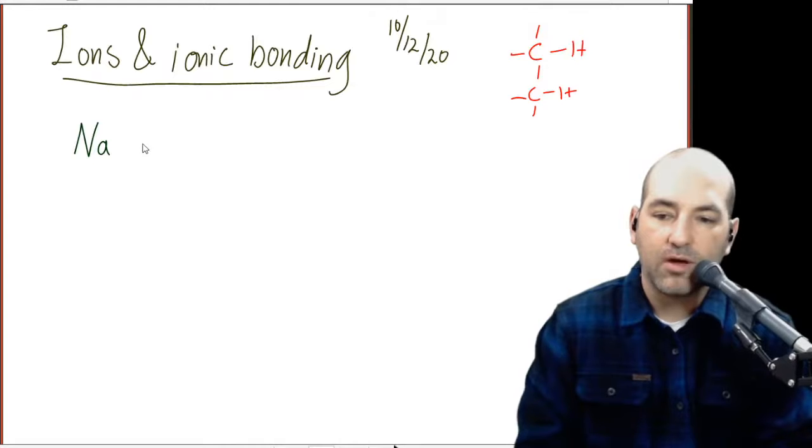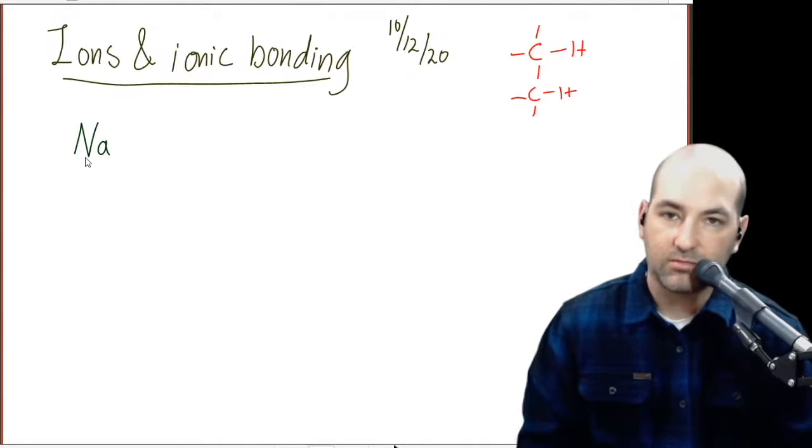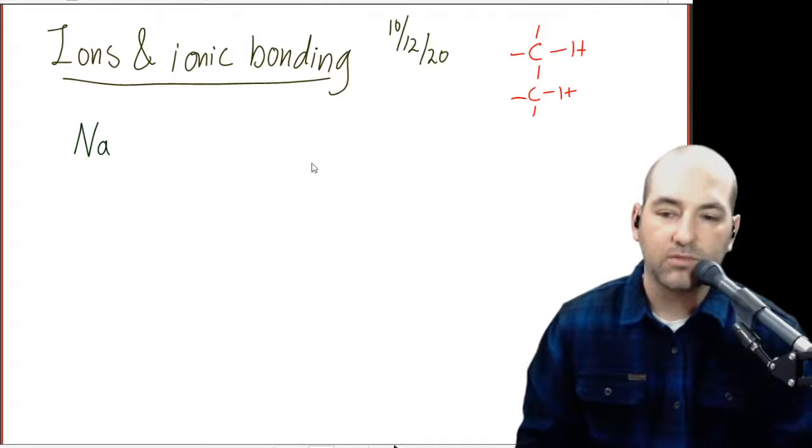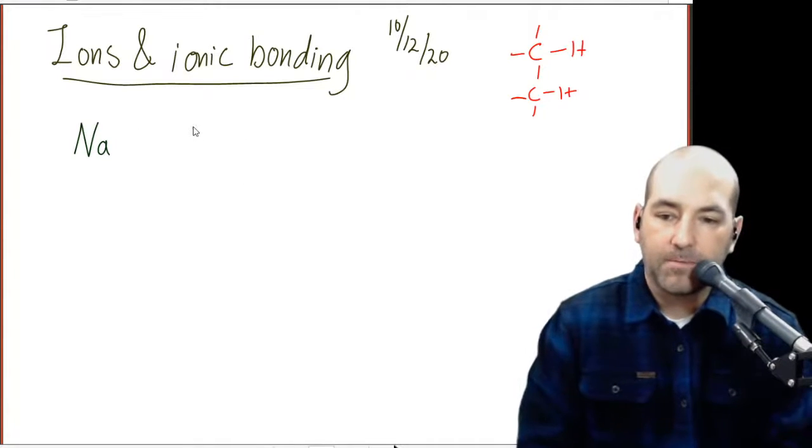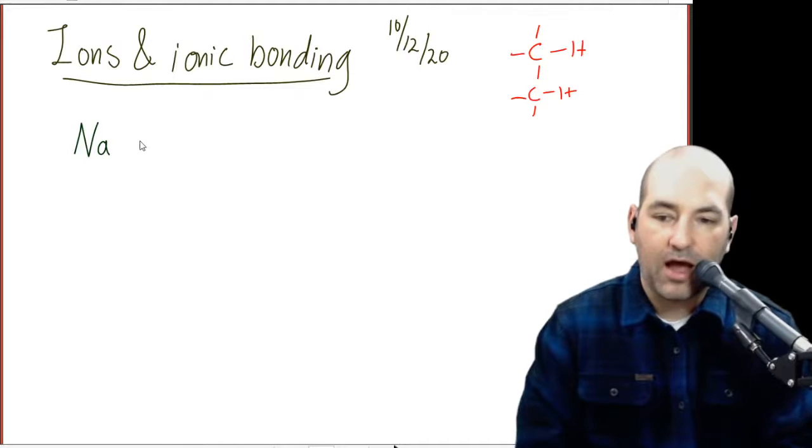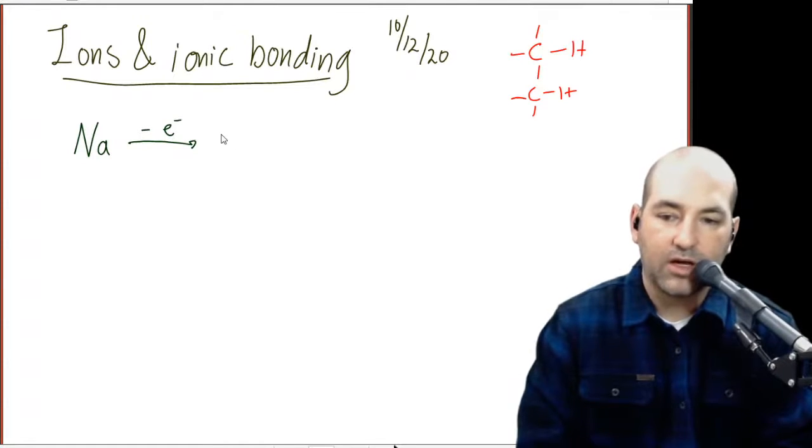Sodium can exist in just its elemental state, which is a metal, that would just look like that. But another way that it can form compounds is by becoming an ion. So when sodium becomes an ion, it loses an electron to become sodium plus 1.